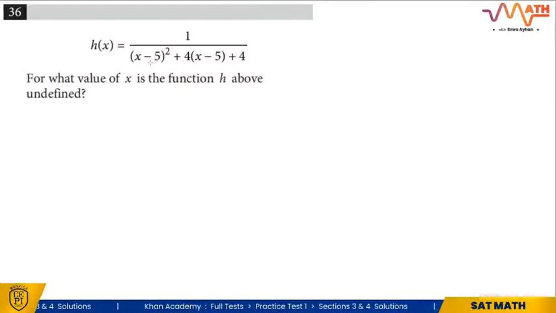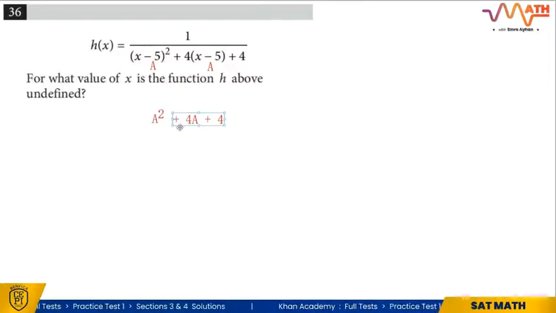I will use this way. I will say this is a, this is a and a, alright? So I have a square, plus 4a and plus 4 now.